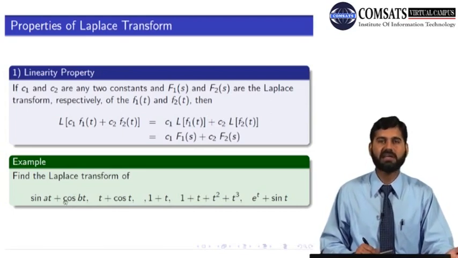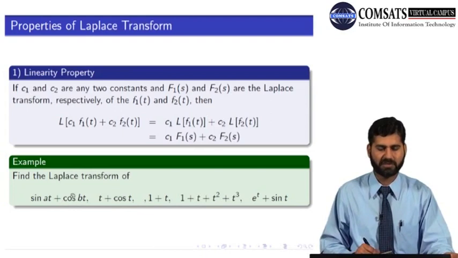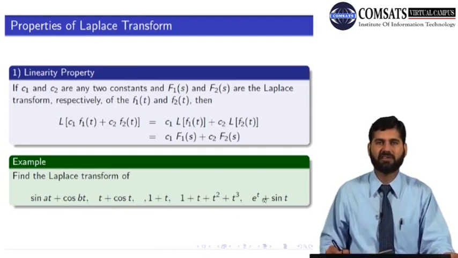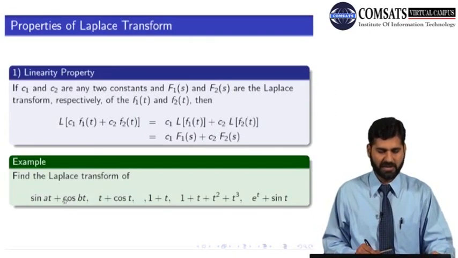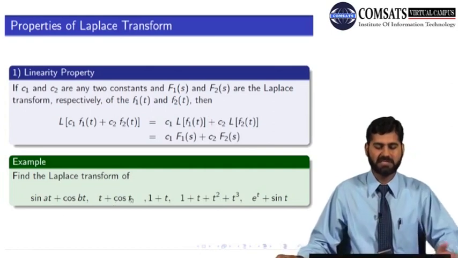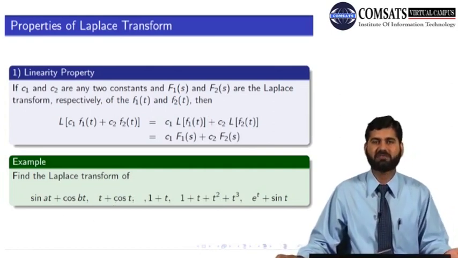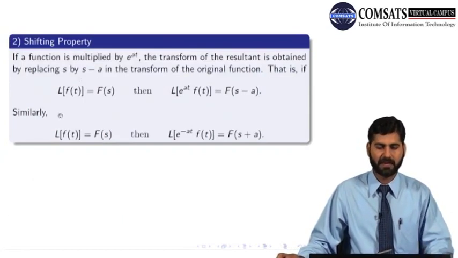So you can simply add their Laplace transforms to get the Laplace transform of this whole function. Similarly here, these are all very easy tasks. We have the Laplace transform of each one of them: sin at, cos bt, t, cos t. So you just have to add their Laplace transforms to get the answers.